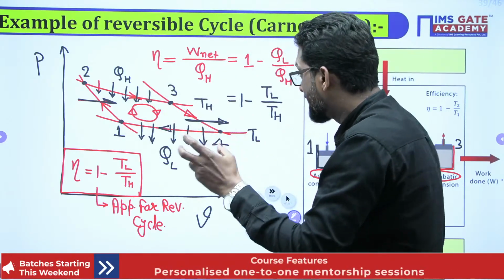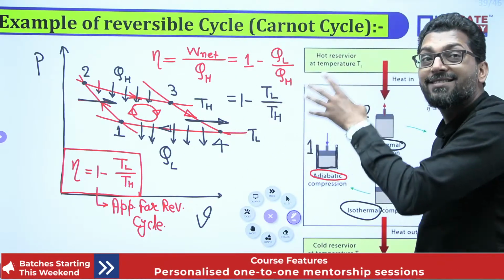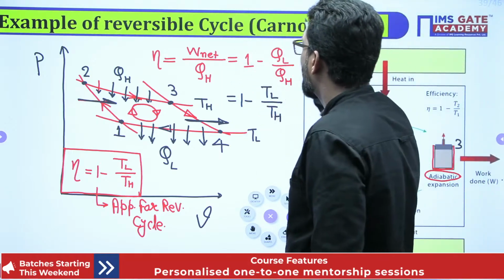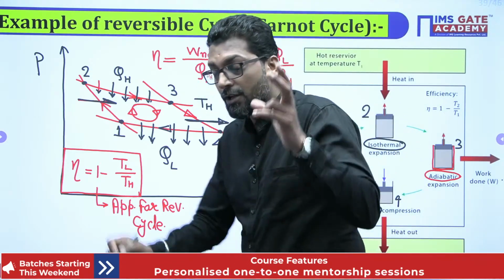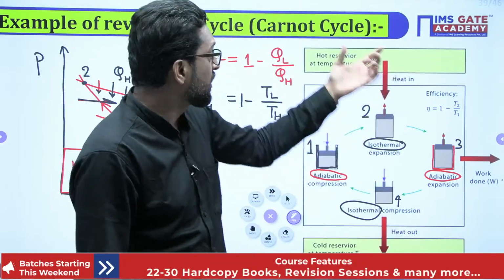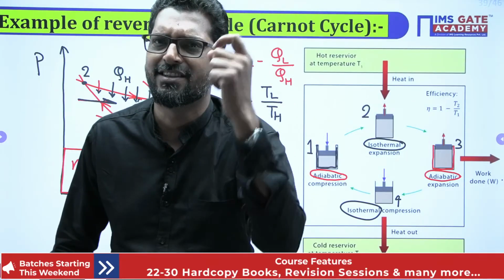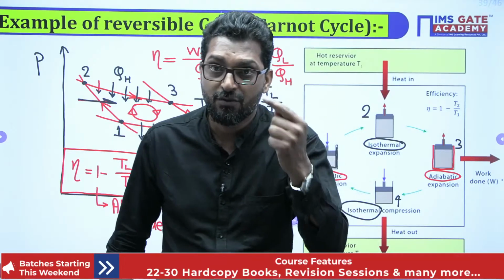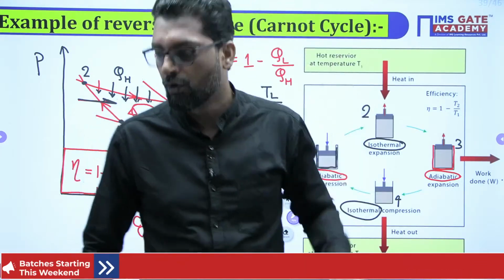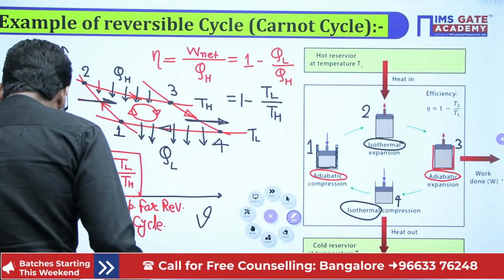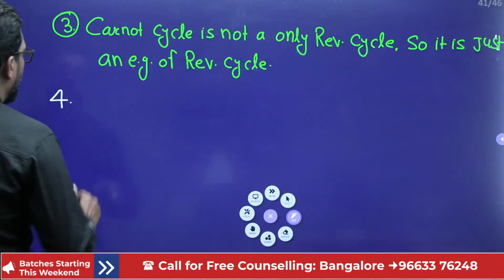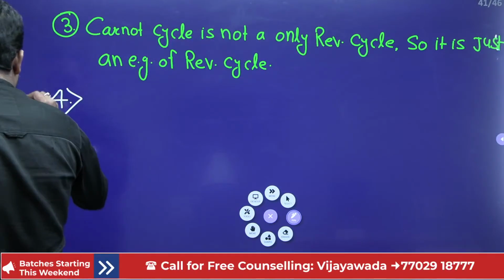That means this is a control mass system. If you design any cycle with respect to a Carnot cycle, there must be a control mass system. Okay. Right. So note number 4, very important, I'm telling you.